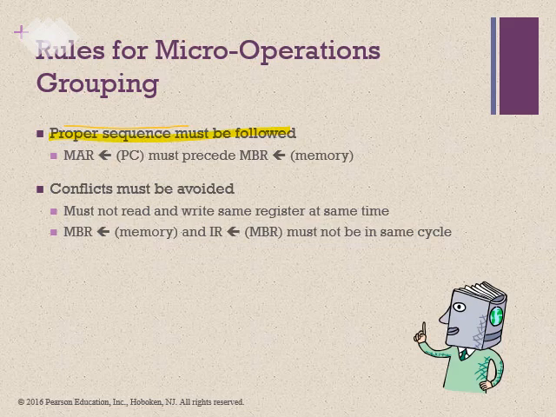And secondly, please at all times avoid conflict. You cannot, for example, read and write the same register at the same time. That's why we have 3 times, T1, T2, T3. So if at that time memory is sending data to MBR, you cannot at the same time have the content of MBR be pushed into IR. That will produce conflicts.